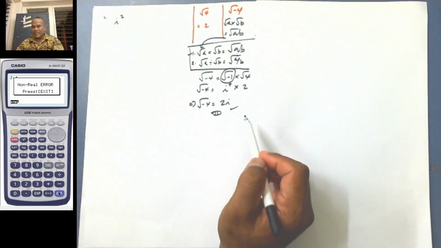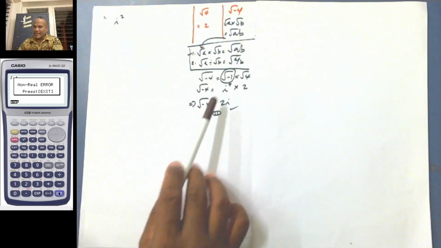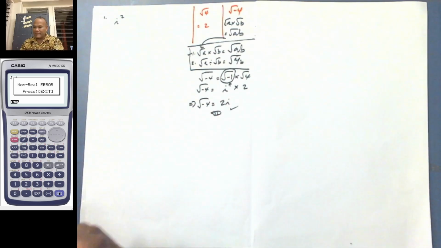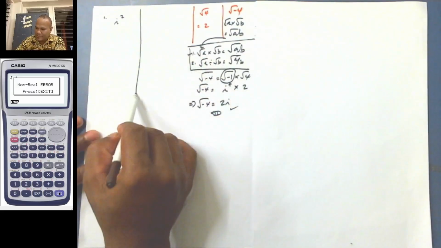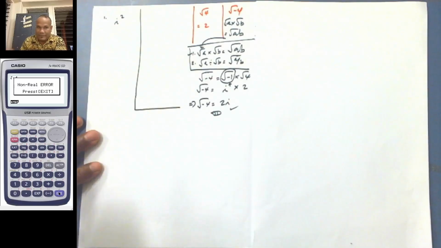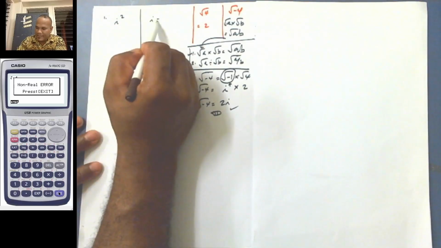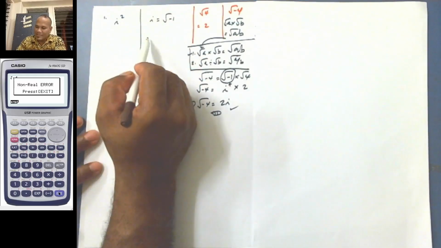Now, using that information, since i is the square root of negative 1, what is i squared?